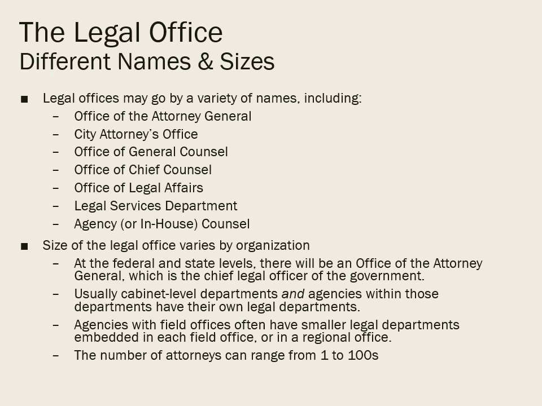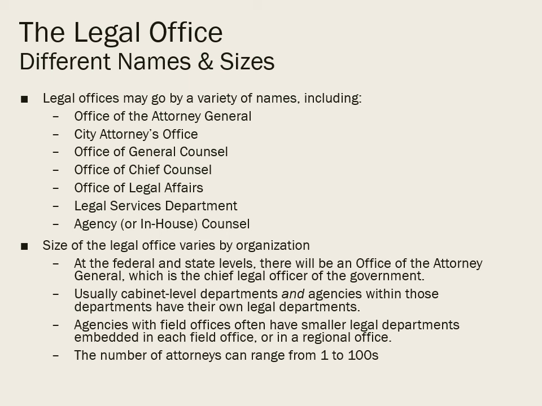Also a lot of different sizes. The size of a legal office really does vary by organization. At federal and state levels, there's going to be the Office of the Attorney General. That's going to have your chief legal officer for the government and a bunch of assistant attorneys general to provide advice to agencies that do not have their own in-house attorneys, and also to help with litigation and actually litigate cases on behalf of the government agency.